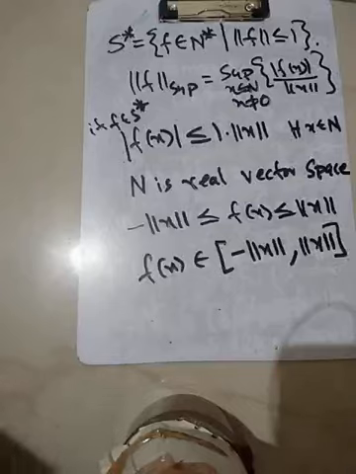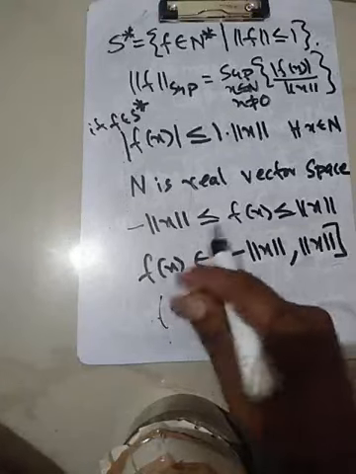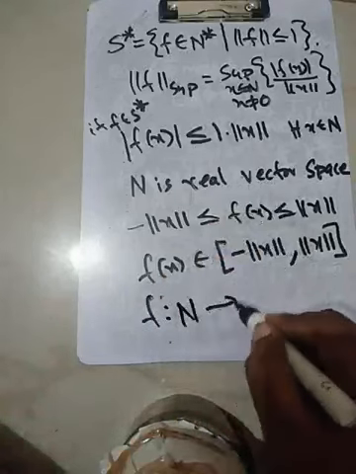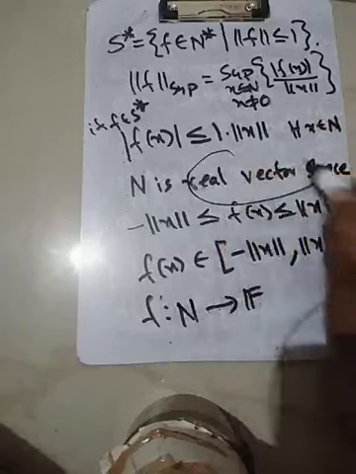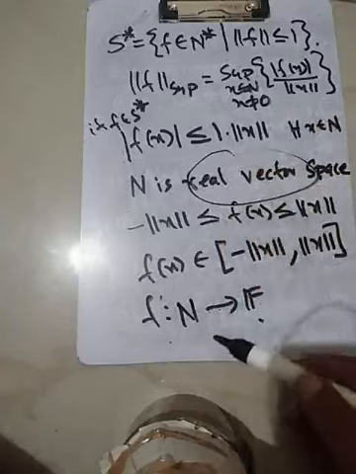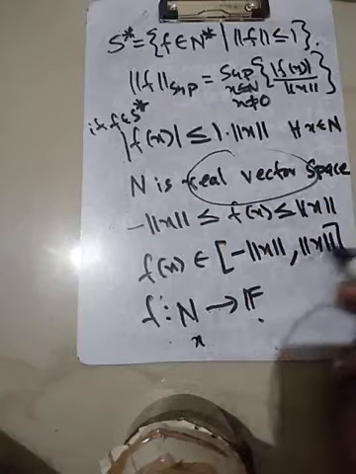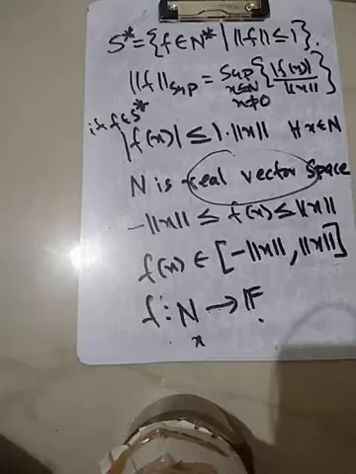So the point is that this f is a mapping from N to the field F, where F is real in this case. It's a real vector space, at least for this case. So for one particular x, we are getting a value lying between these two numbers, minus norm x and norm x.